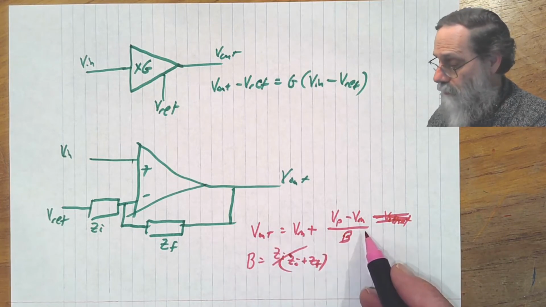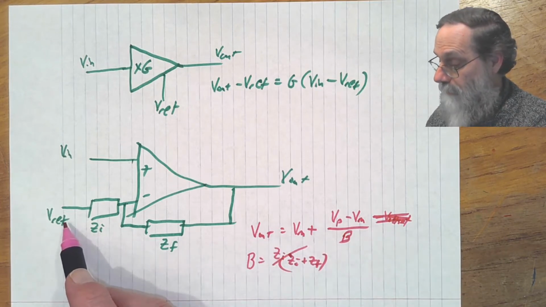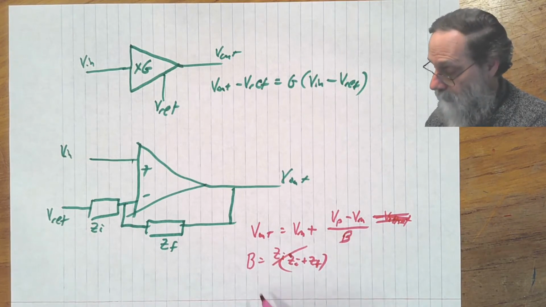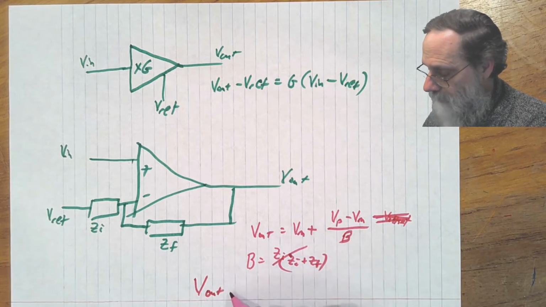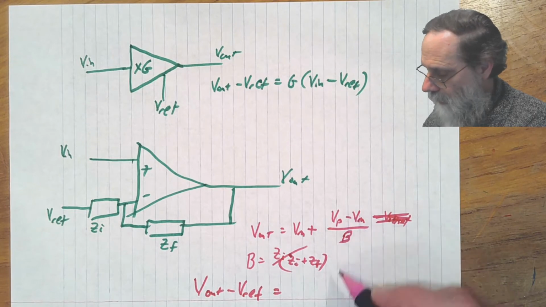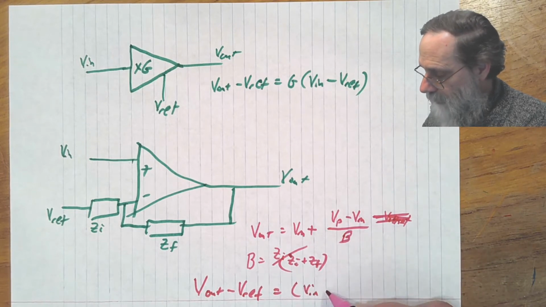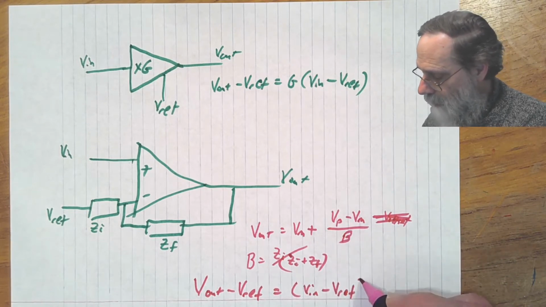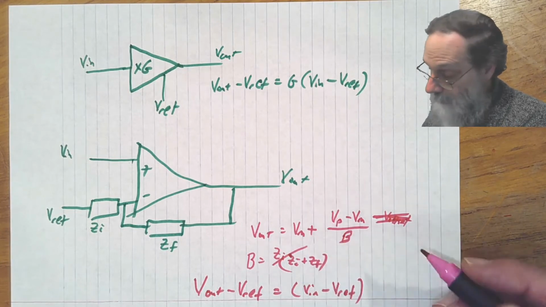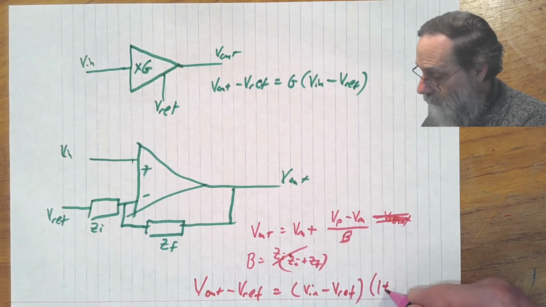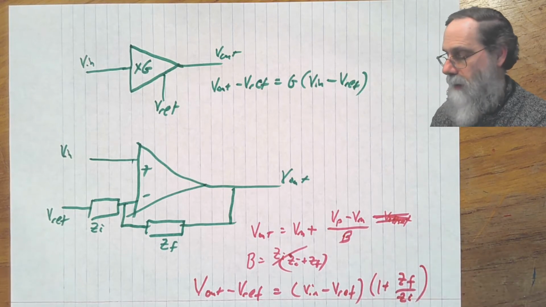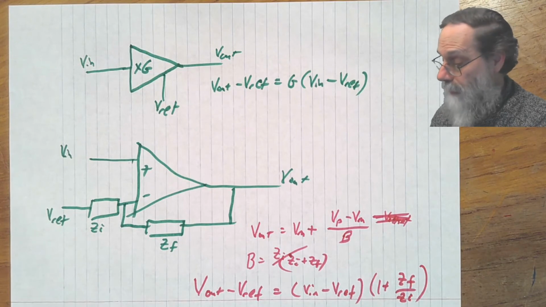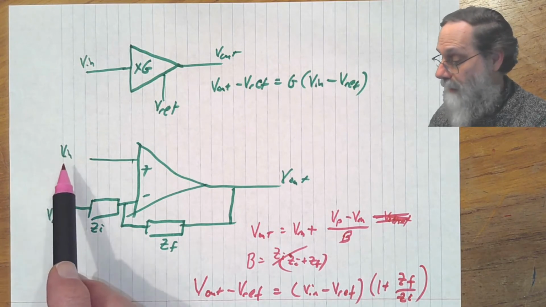So we can rewrite this thing with VM now being Vref as just V out minus Vref is equal to V in minus Vref, and we're going to divide by B or multiply by 1 over B, so we're going to get that's 1 plus ZF over ZI. And again, if you have to worry about offset, that just gets added.